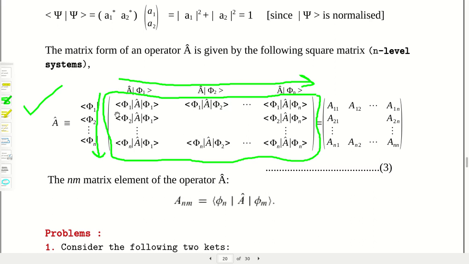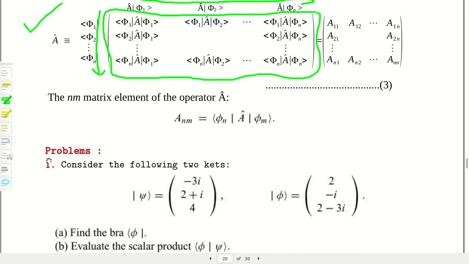If one needs to represent an operator in matrix form, he should know the basis kets, that is, the basis bras of that space. So one thing he should know is the exact forms of the basis kets or bras. This is the requirement.